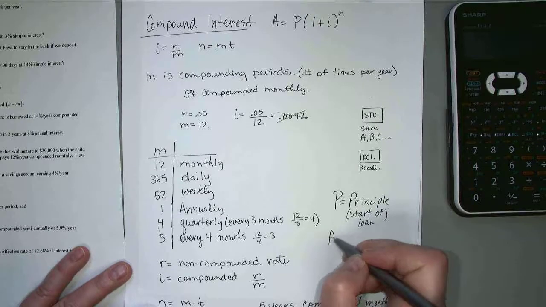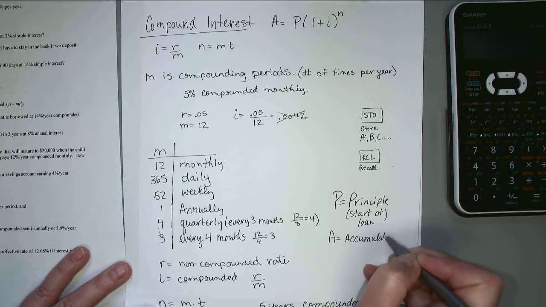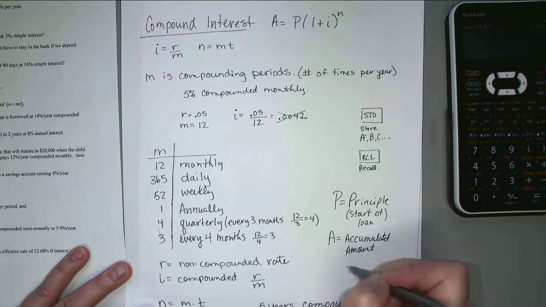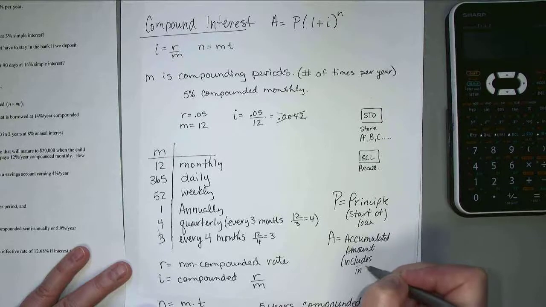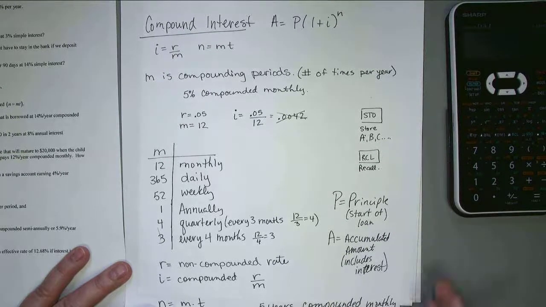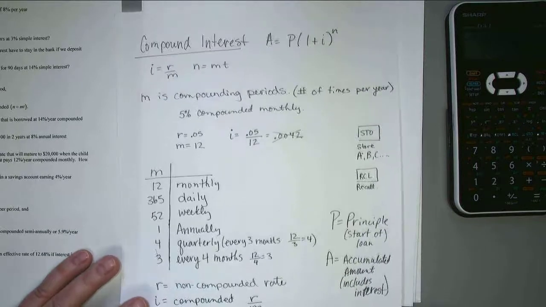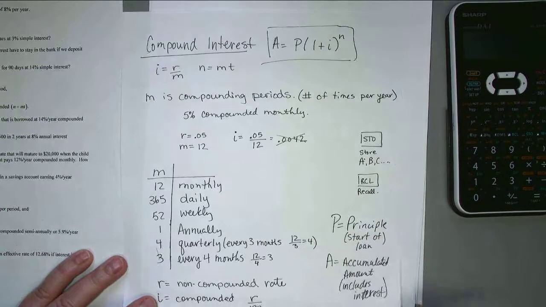And A is the accumulated amount, which includes interest. Okay, so let's do a few examples, and this should all come together. So we're using this formula for these next few examples.